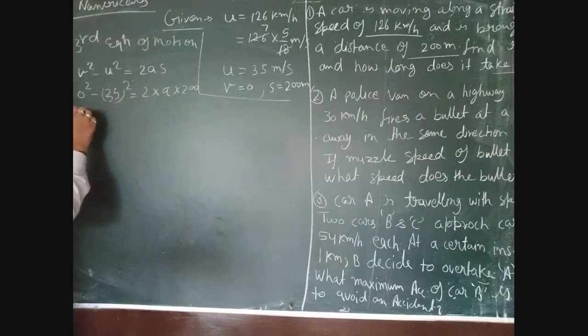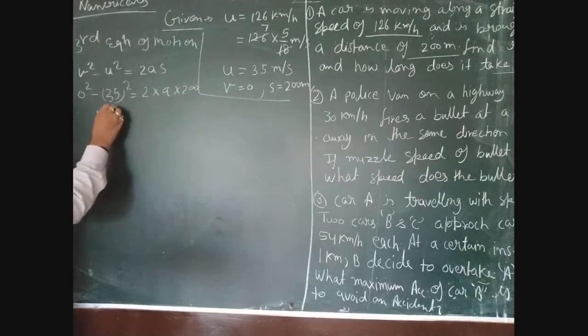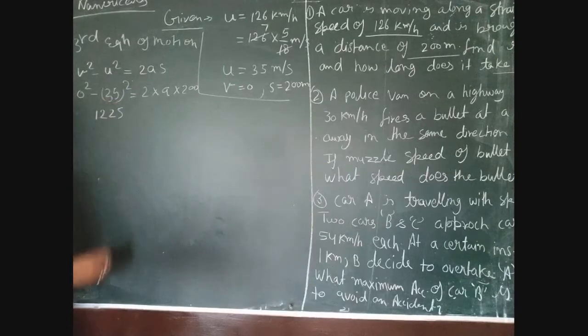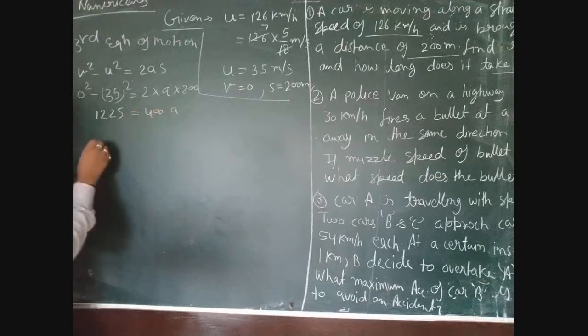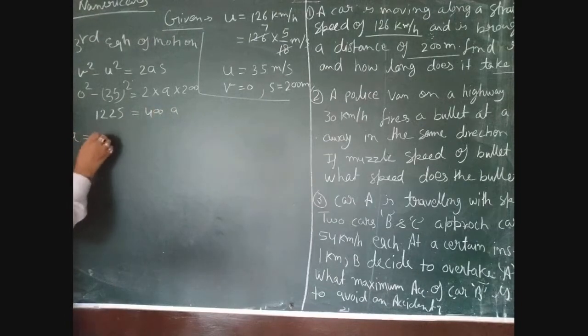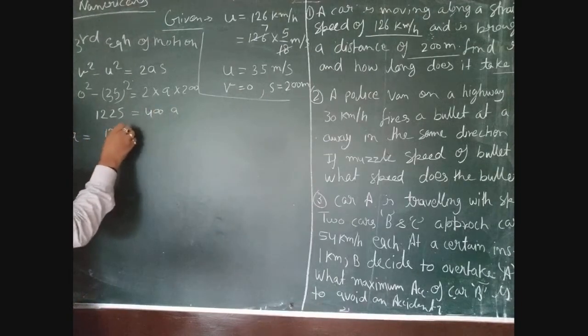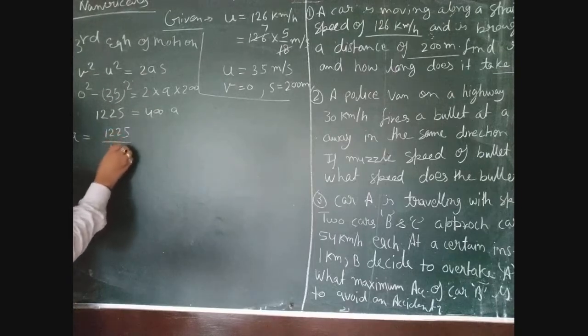So this will be 1225, square of 35, and 400 into a. Therefore a is equal to 1225 upon 400.